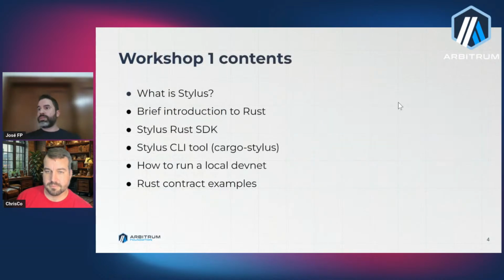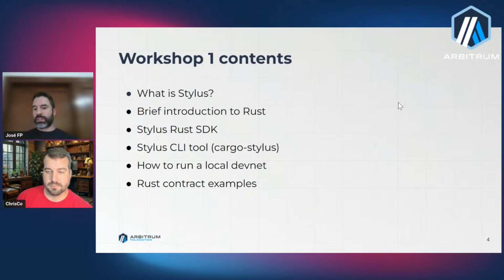All right, so what are we going to see today? We're going to start with what is Stylus. We're going to explain a bit what it is and why it exists. Then we'll do a brief introduction to Rust, and we'll talk about the Stylus Rust SDK. We're going to talk about Rust because it's one of the first languages that we are focusing on for creating tools to write smart contracts, okay?